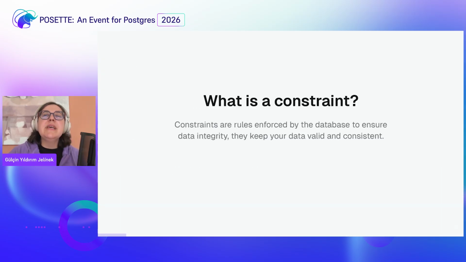Let's start with the basic question: what is a constraint? When you define a table or a column, you can attach rules to them to check or enforce something. This is important for keeping data integrity in check and to avoid subtle data related bugs later on. These rules are all called constraints.